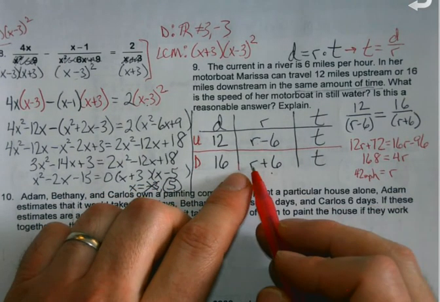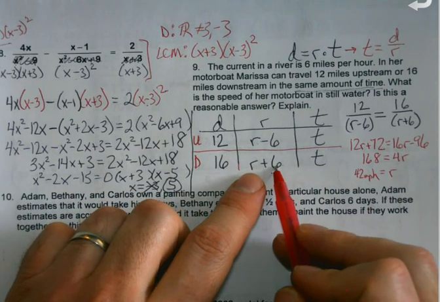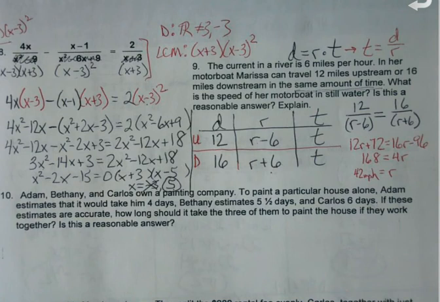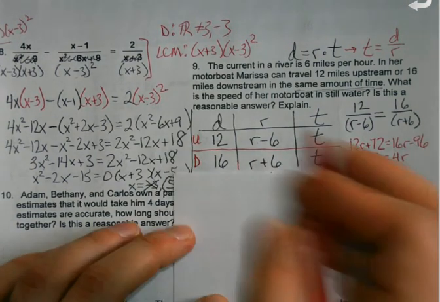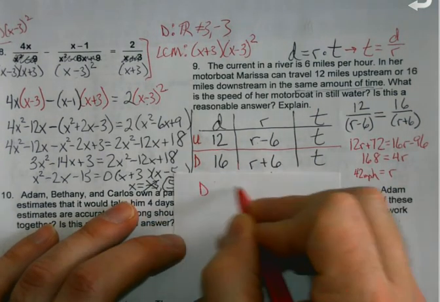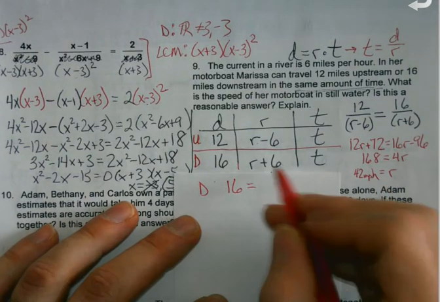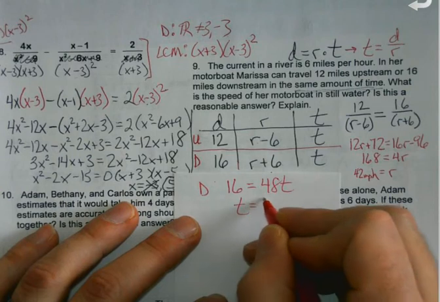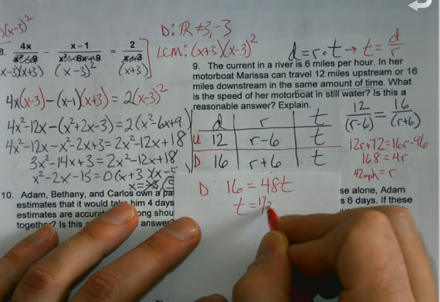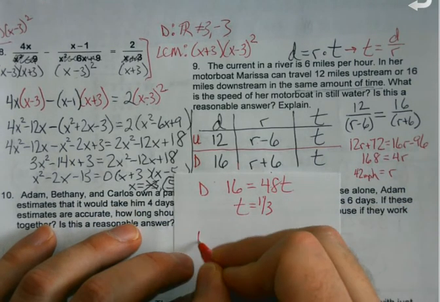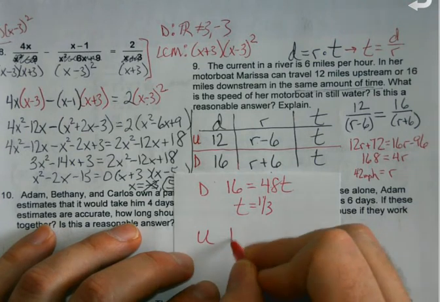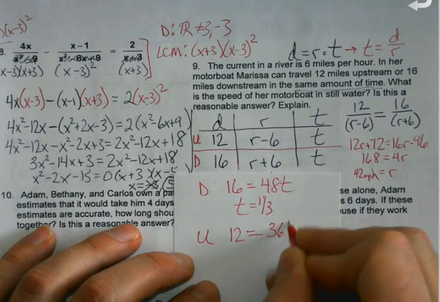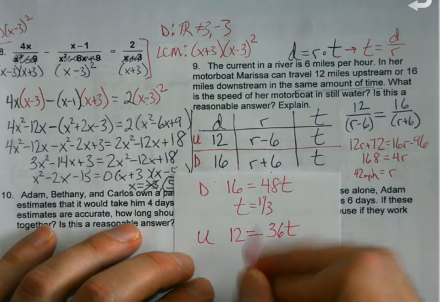I'm going to start with downstream, actually. So R plus 6, 42 plus 6 would be 48. So for downstream, I'd have 16 equals 48t. If I solve for t, t would be 16 divided by 48, or 1/3. If I looked at upstream, distance equals 42 minus 6 is 36 times t. Divide by 36.